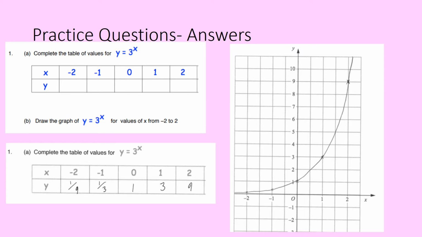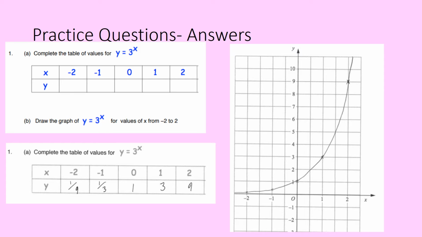Okay, here's the answer for the first question. It said complete the table of values for y equals 3 to the x. So you substitute x equals minus 2 into the equation and you'd get 1/9. Substitute x equals minus 1 and you'd get a third. Substitute x is equal to 0 and you'd get 1.